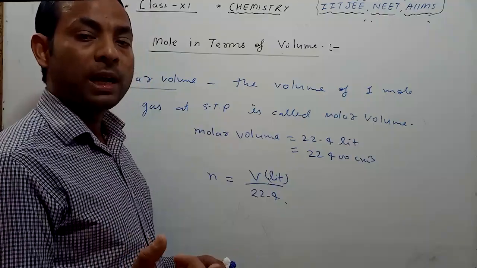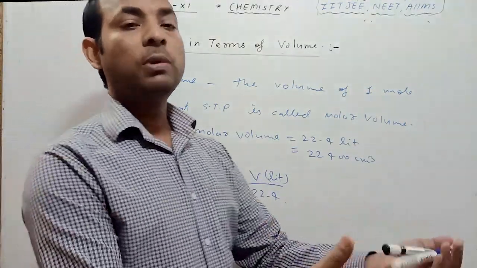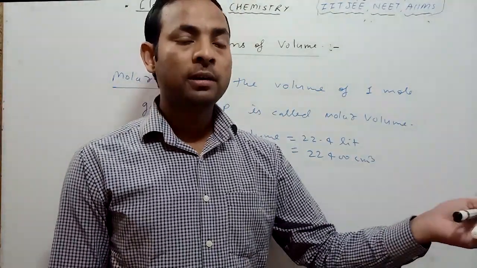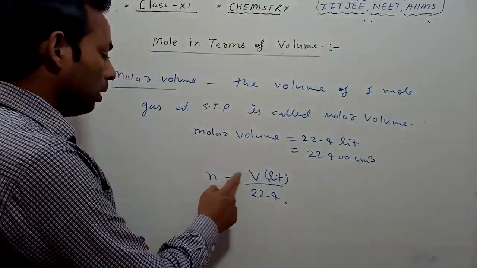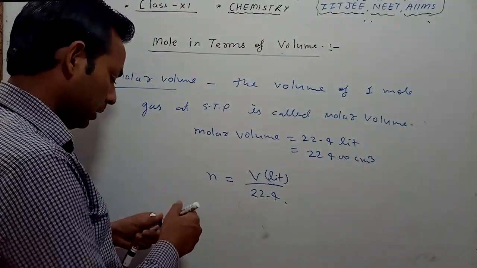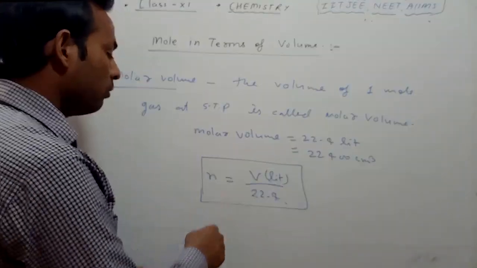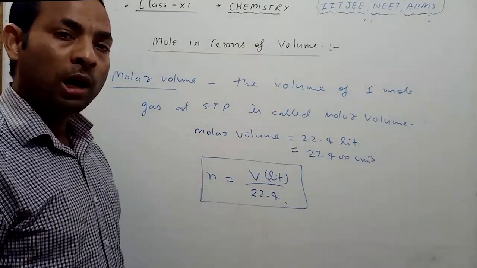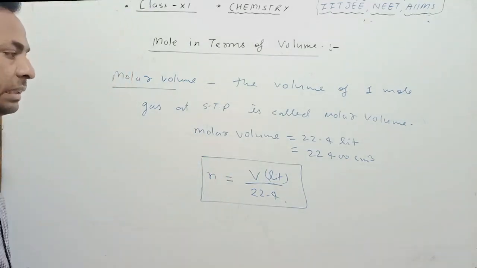Because 1 mole of gas always contains 22.4 liter. If the gaseous volume is given, suppose 100 liter gas at STP, what is the number of moles? So 100 upon 22.4. This is the most important formula. By using this formula, we can easily calculate the number of moles of gas at STP. Okay, please take a screenshot.